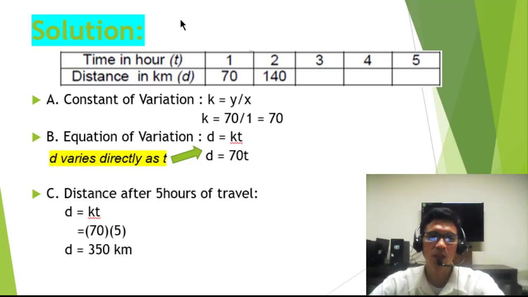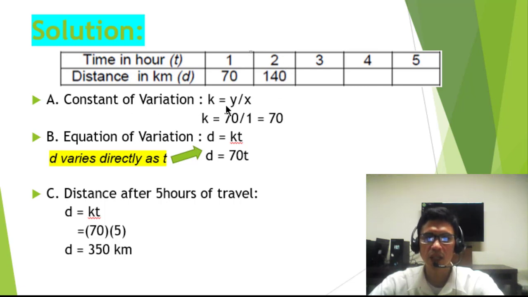So for the solution, we have this table for the given two quantities, time in hours T, distance in kilometers D. To find the constant of variation, K, we just simply divide the dependent variable and the independent variable. So dependent variable in the numerator, independent variable in the denominator. So we divide 70 divided by 1 equals 70. 140 divided by 2 equals 70.